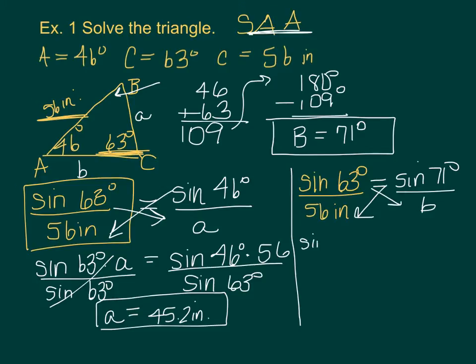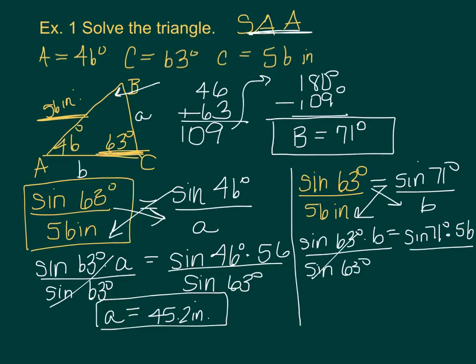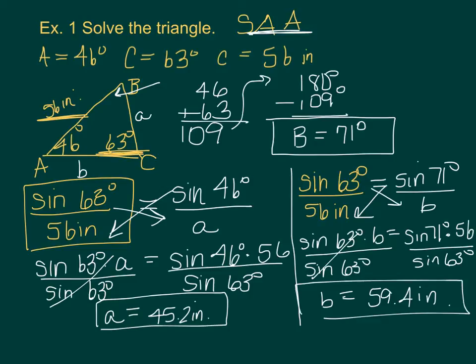So sine 63 degrees times B equals sine 71 degrees times 56. Divide to get B by itself. And then for a little b, you should get approximately 59.4 inches. So there, the triangle is solved.